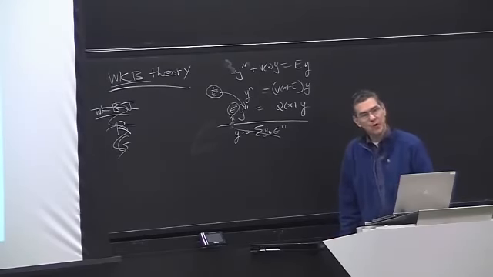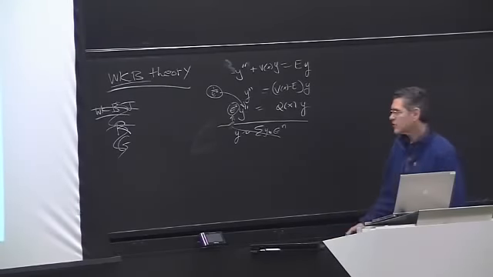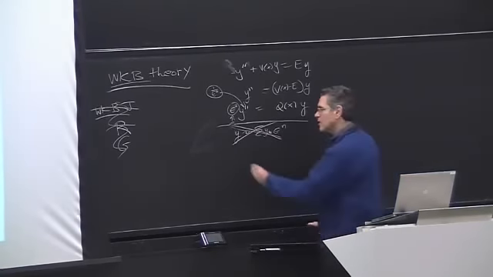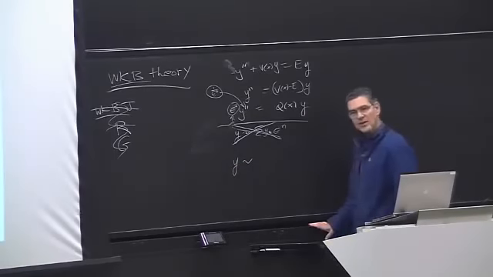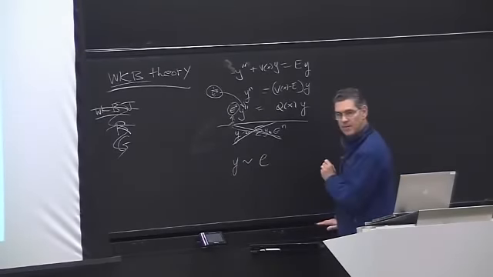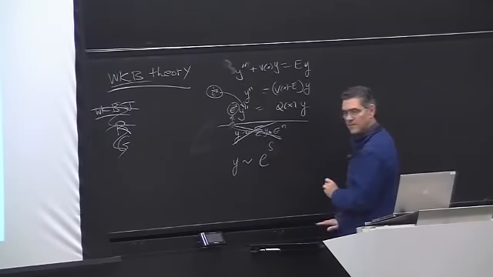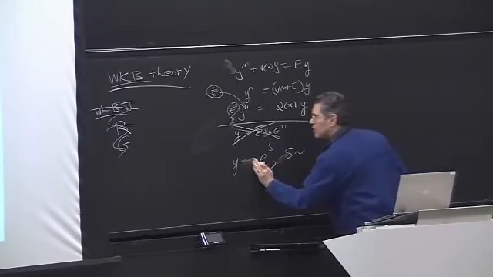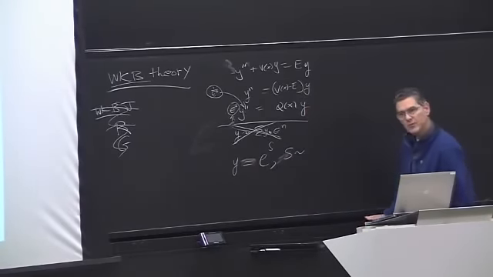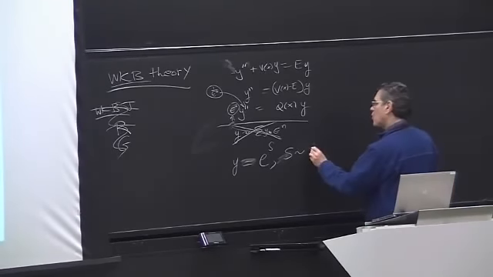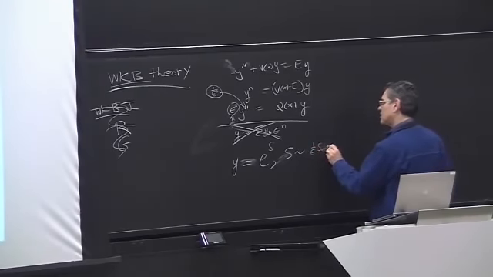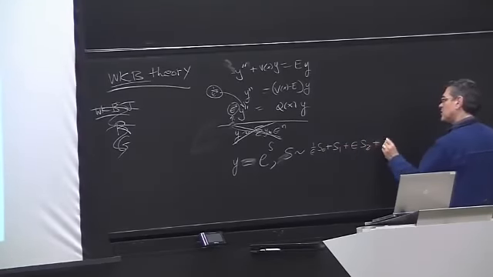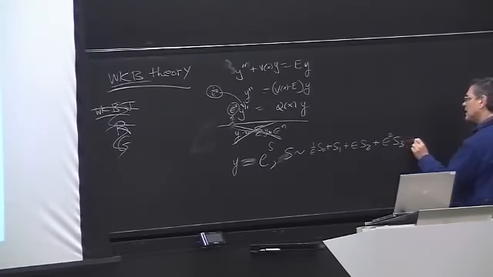So let me show you the form of the perturbation series. It's very interesting. The perturbation series has the form e to the s, so we're going to make the substitution y equals e to the s, where s has the form 1 over epsilon times s naught plus s1 plus epsilon s2 plus epsilon squared s3 and so on.